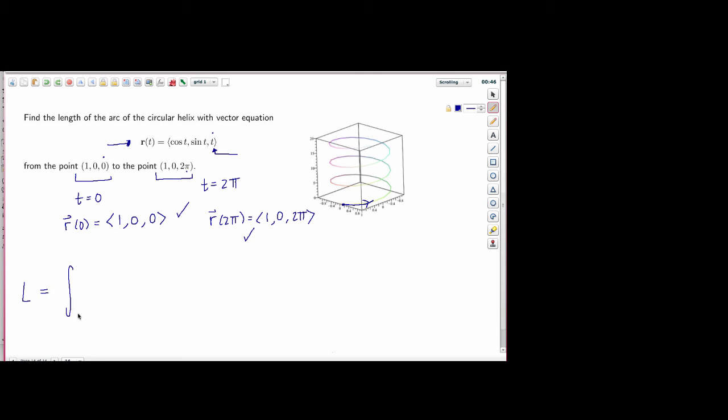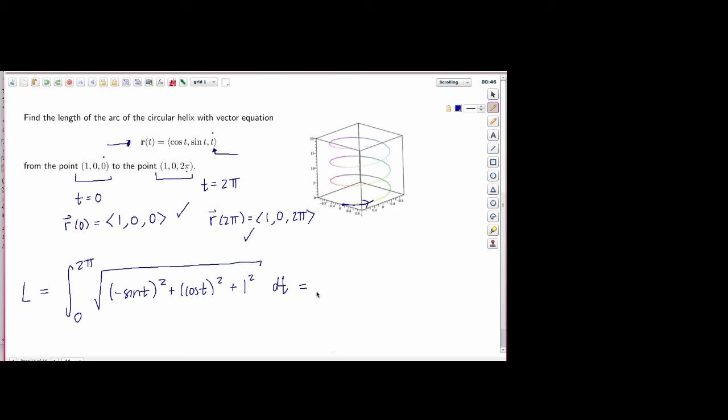So t goes from a to b, so in this case 0 to 2 pi, the square root of the derivative of the first component, the derivative of cosine is minus sine, squared, the derivative of the second component, so cosine of t squared, and the derivative of the third component, so 1 squared dt.